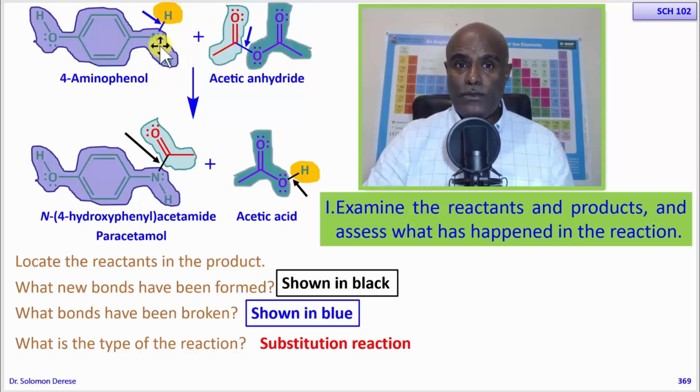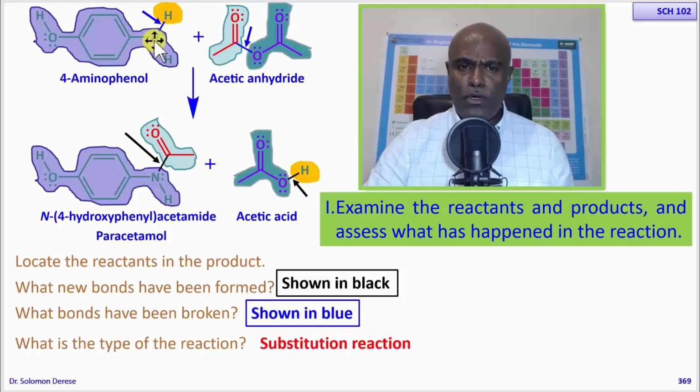Since this is a polar reaction, it is between oppositely charged species. A polar reaction is between a nucleophile and an electrophile. So in the next step, we must identify which of the two must have acted as the nucleophile. All we know is there is a bond formed between this nitrogen and this carbon.